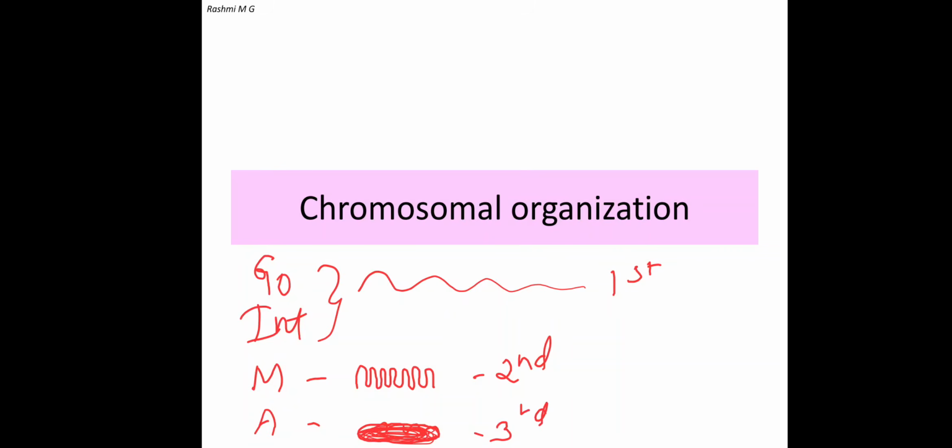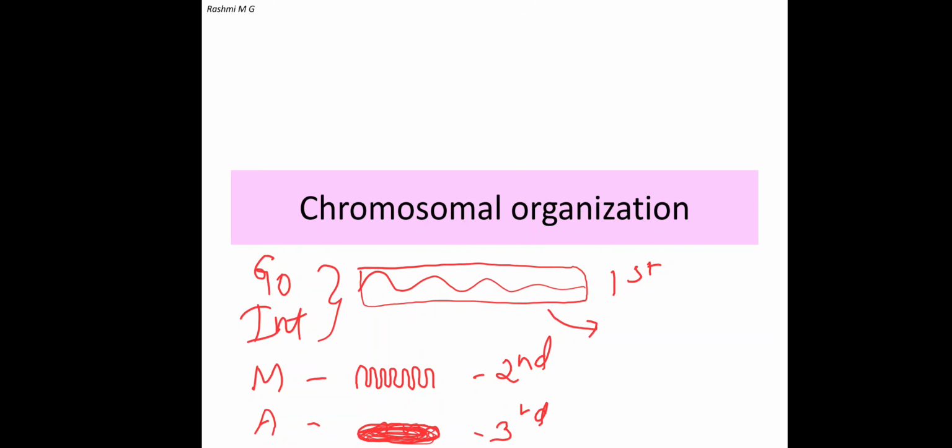Why does this organization happen? It aids in proper segregation of the chromosome or the genetic material while the cell is undergoing division. And this extended structure has a disadvantage. Some of the genetic material or the sequence can be lost during the process of cell division.